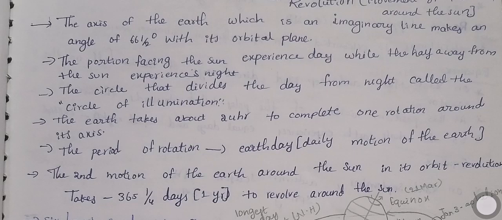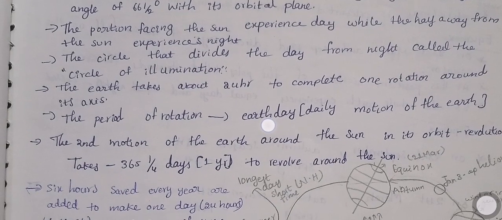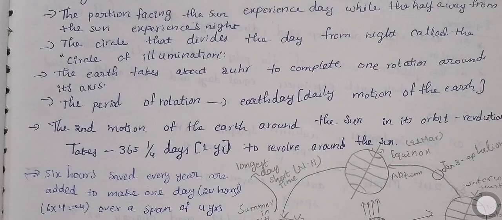That circle is called the circle of illumination on the earth. Next, earth takes 24 hours to complete one rotation around its axis, and the period of rotation is called earth day. That is the daily motion of the earth. Earth day means daily motion of the earth.